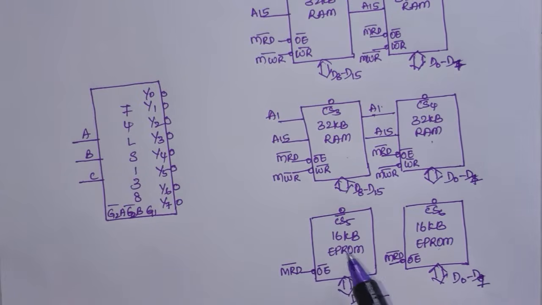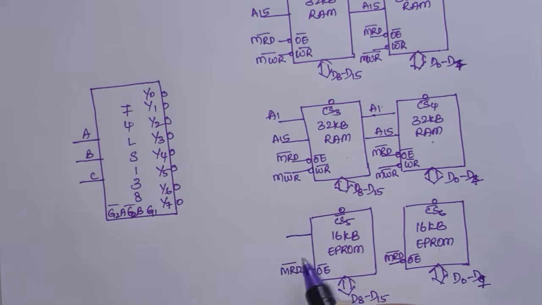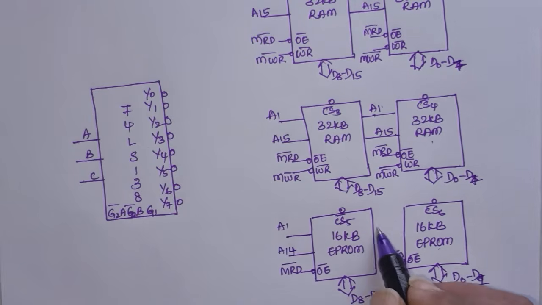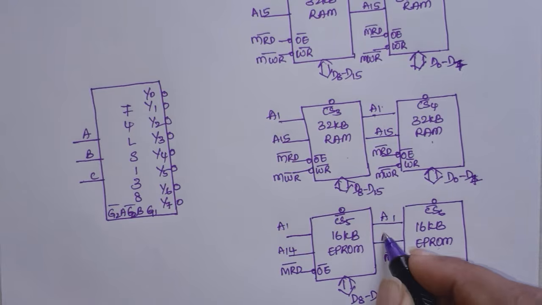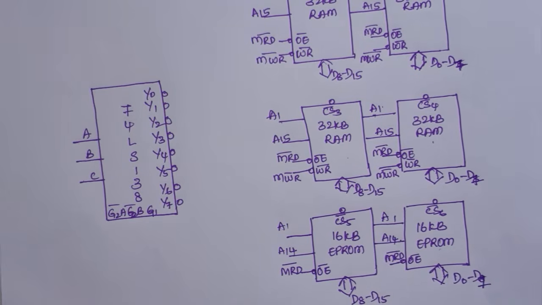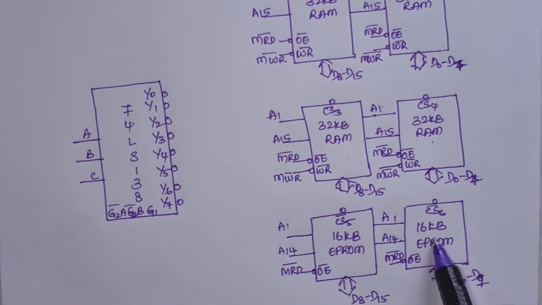Here EEPROM is of 16 KB, so it requires only 14 address lines. Okay, so A1 to A14 is used here. And A0, total it is 32 KB which requires 15 address lines. So A0 is used in selecting the even bank.